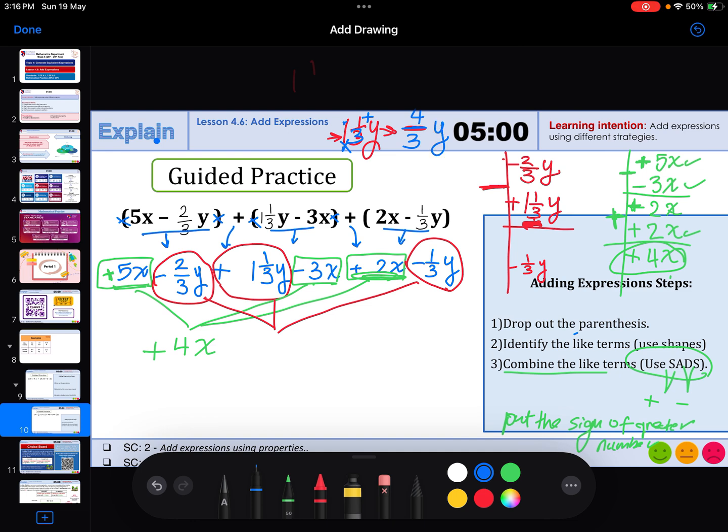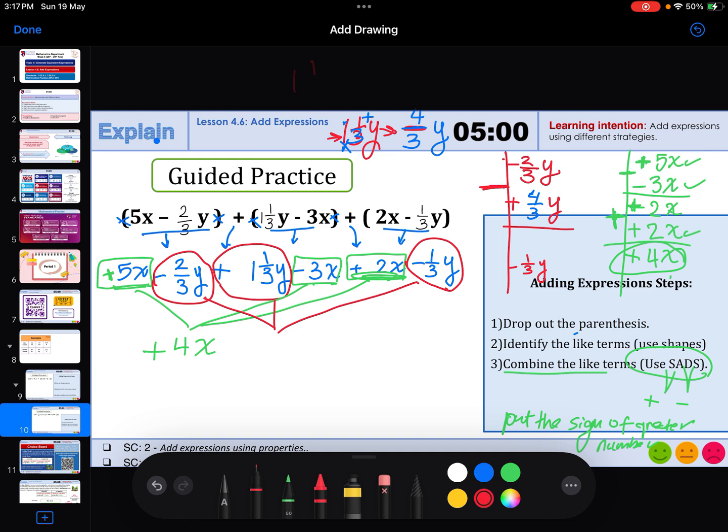So I changed my mixed number 1 and 1 over 3 into an improper fraction 4 over 3. Why did I do that? Because again, I cannot work with mixed numbers as they are. I have to change them into improper fractions. Now I can work with my fraction normally.